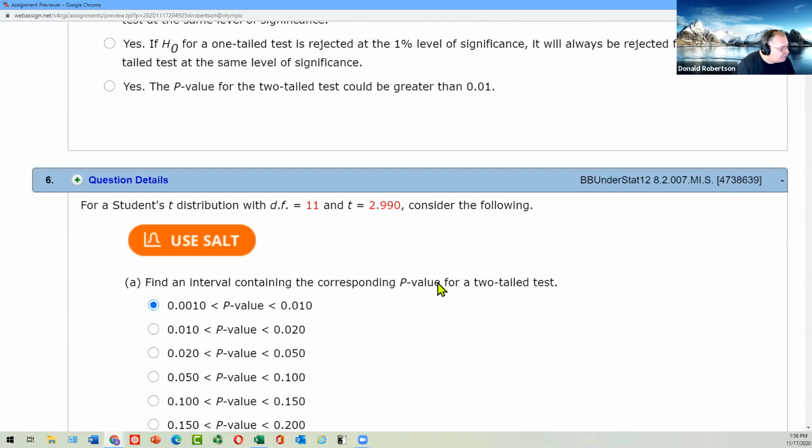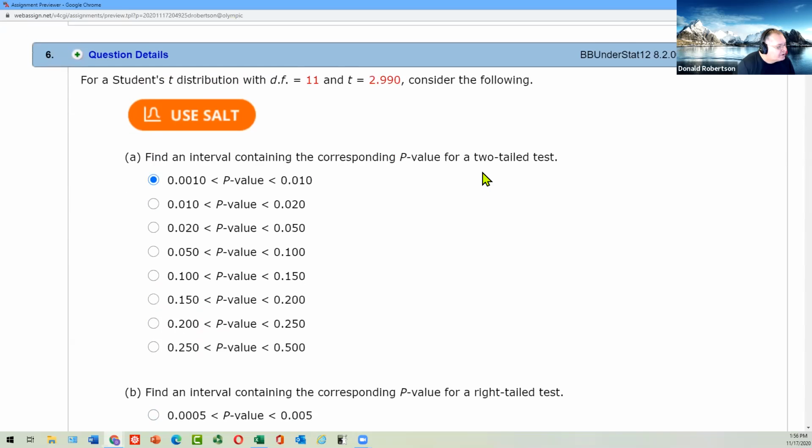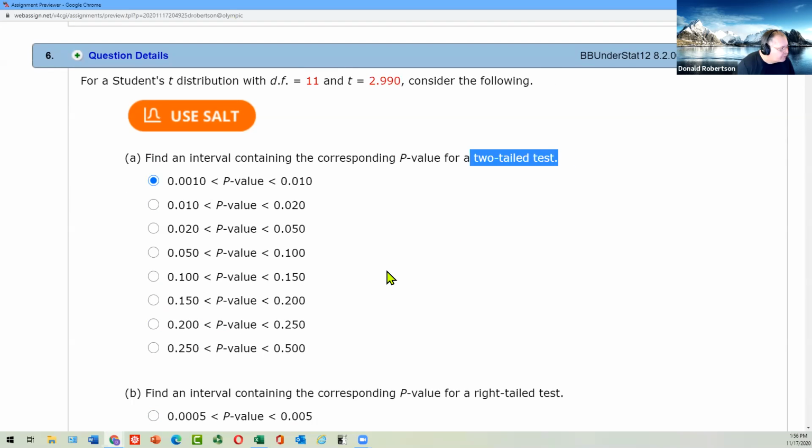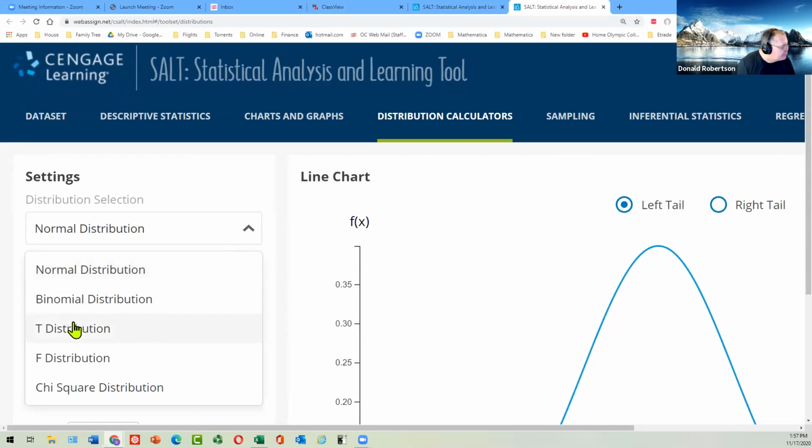Now, if I return, I'm now going to do a two-tailed. I just did a one-tailed, right? A right-tailed. Now I'm going to do a two-tailed. So hit this guy. It's still going to be a t-distribution.